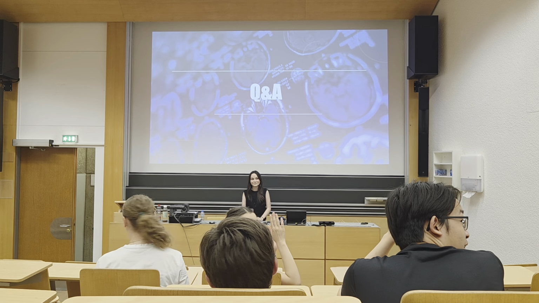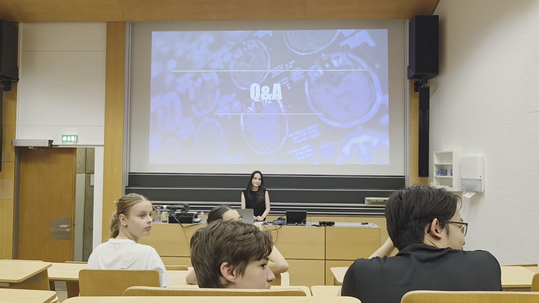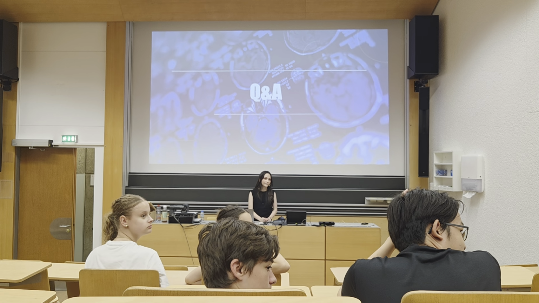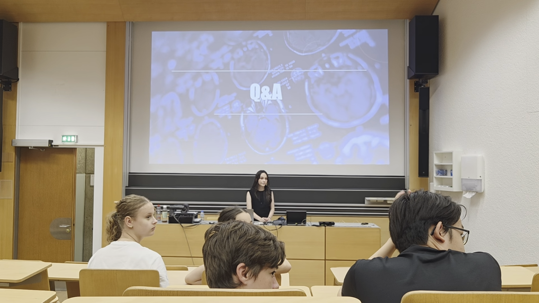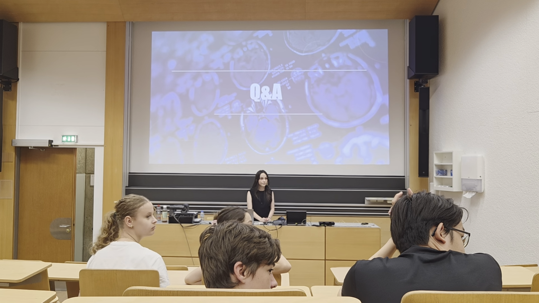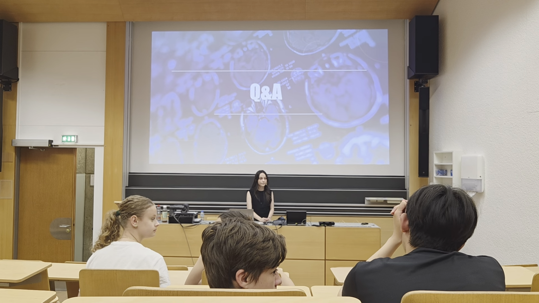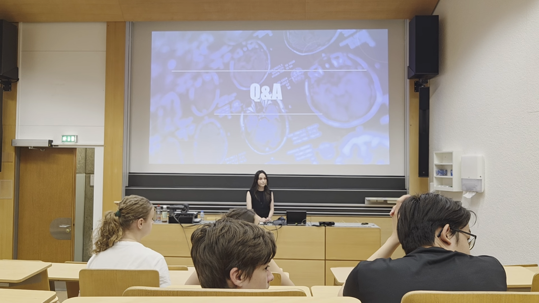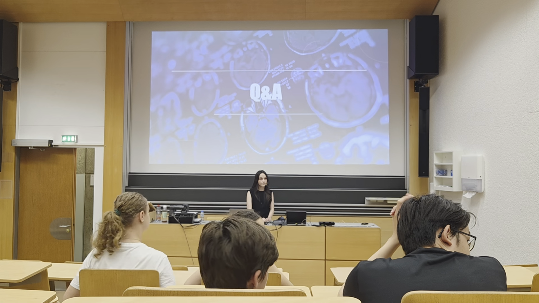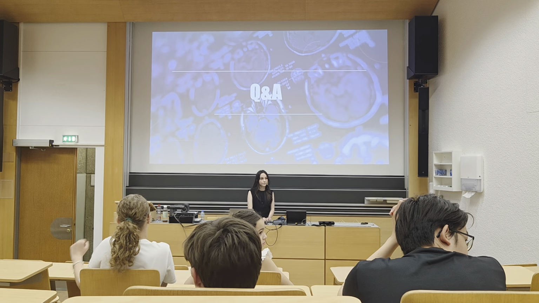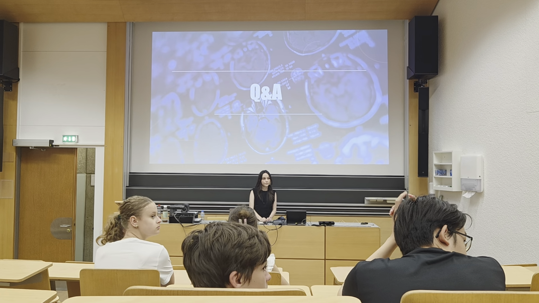Perfect. Well, one sec. Bea, go ahead. Yeah, sure. So some AI models can not only make a prediction, but they can also tell you how certain they are about their prediction, which I think could be very useful in the medical field, so that the practitioner knows, okay, should I really trust the AI model or should I use more dynamic reasoning? So do any of the models that you looked at also provide a measure of certainty about their prediction?